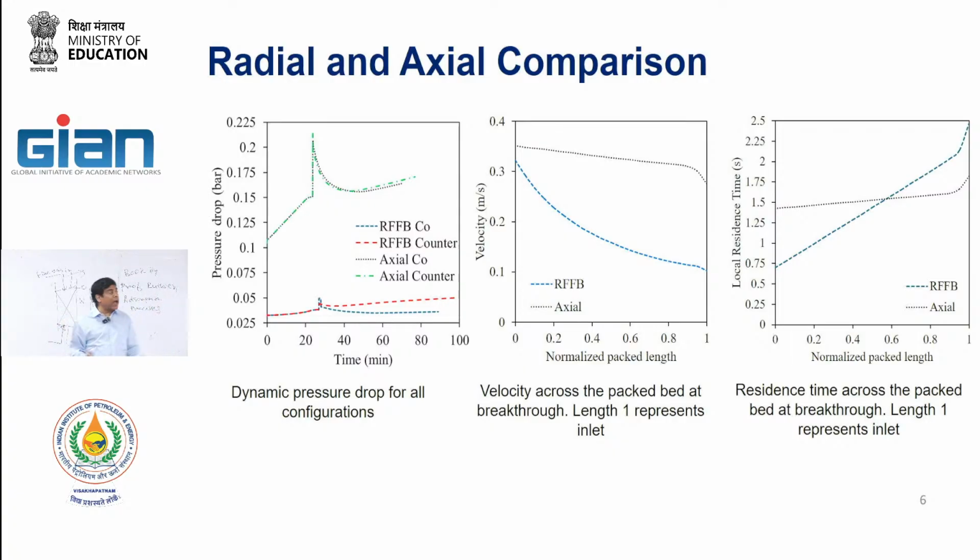Then you will see the local residence time. As you would expect, the axial flow local residence time is pretty much flat. And here, the residence time keeps increasing, which corresponds to this velocity. So this can give you better adsorption.